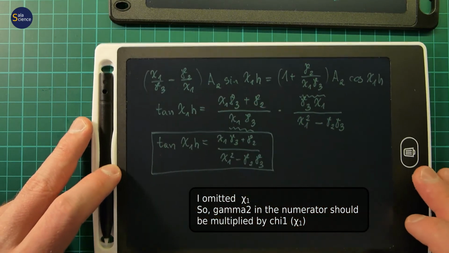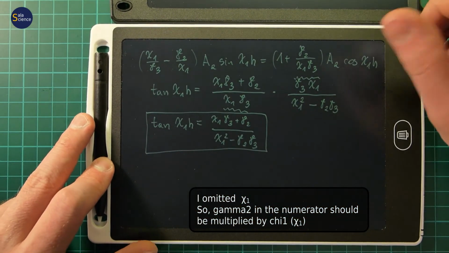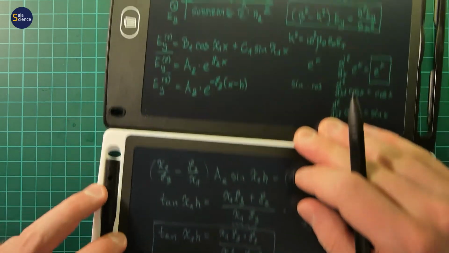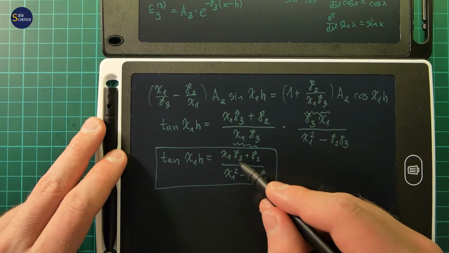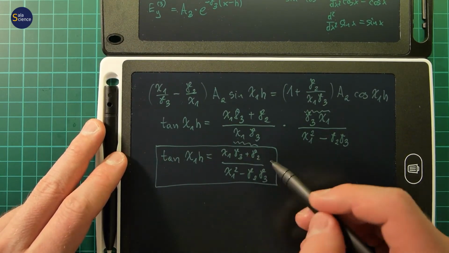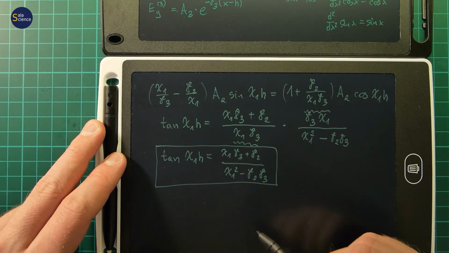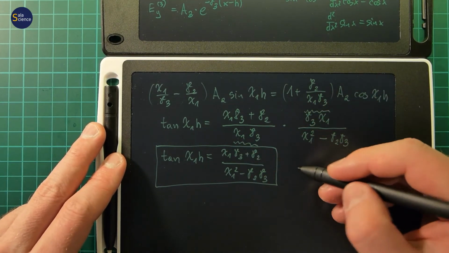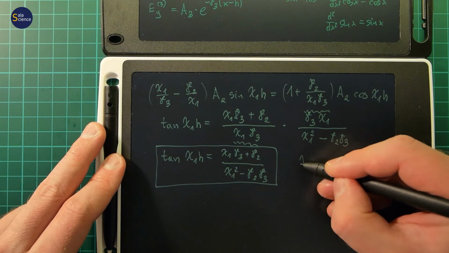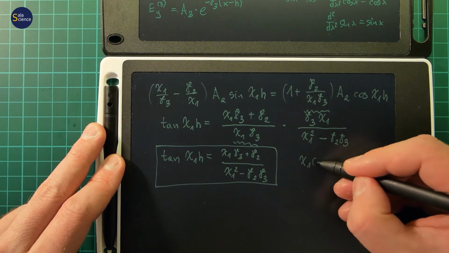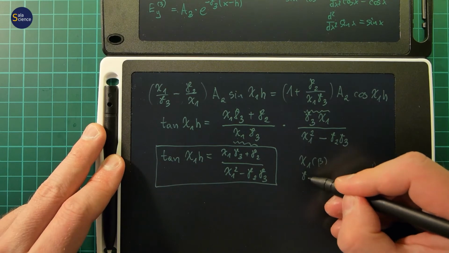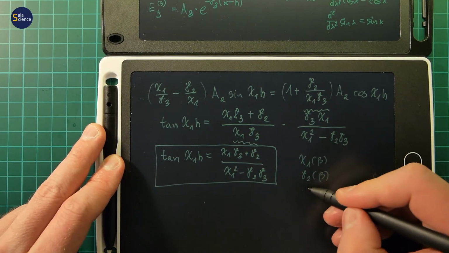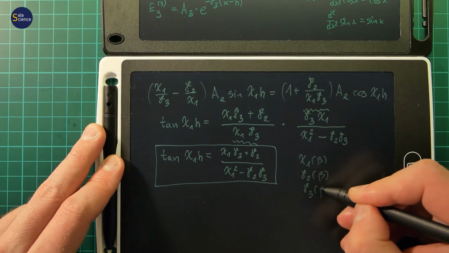So we derived a new characteristic equation, and if you take a look at these gamma and chi coefficients, these functions all depend on beta: chi 1 depends on beta, gamma 2 depends on beta, and gamma 3 depends on beta.